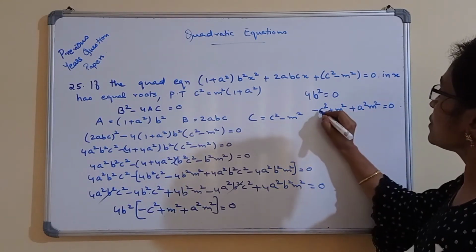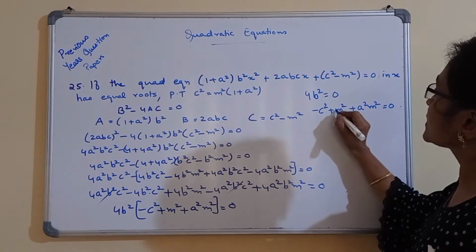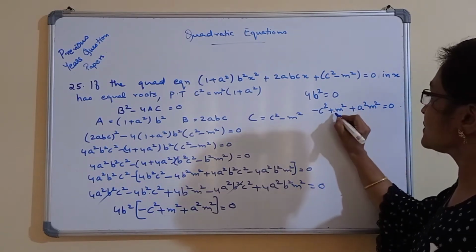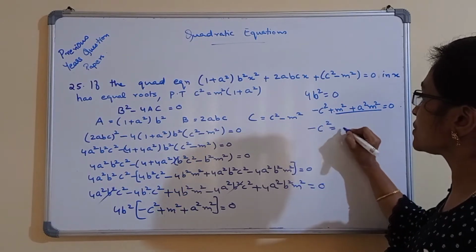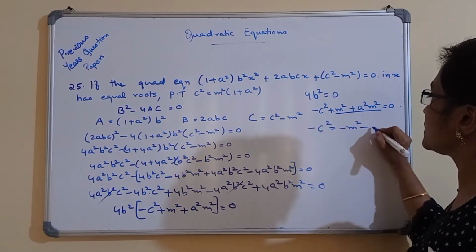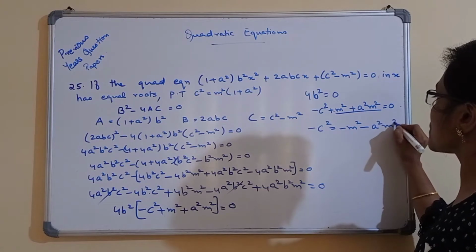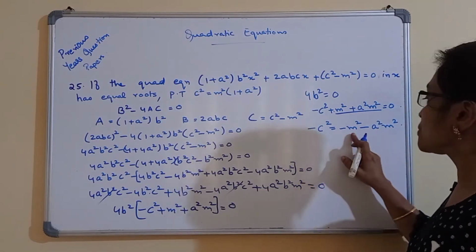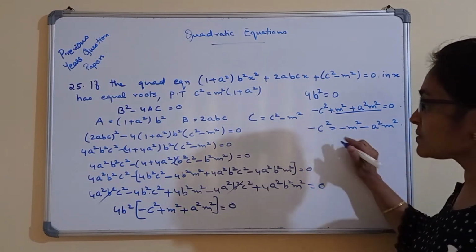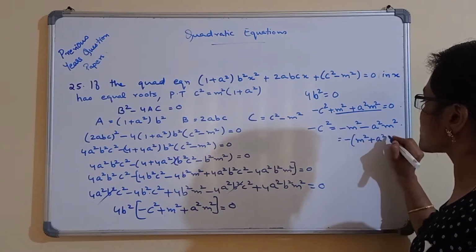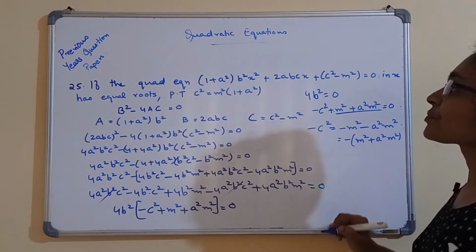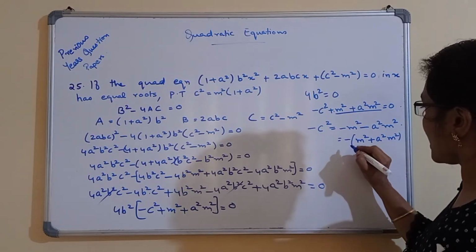Okay, taking these to the right hand side, we have −c² = −m² − a²m². This is the same as −(m² + a²m²).